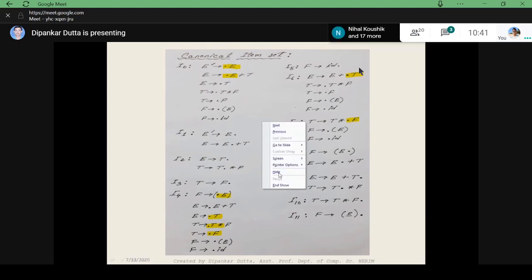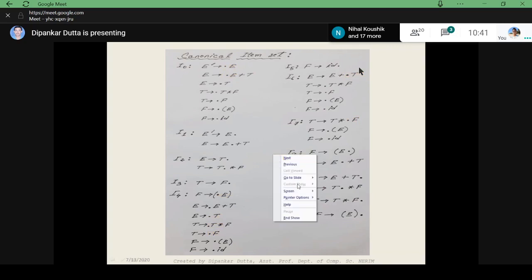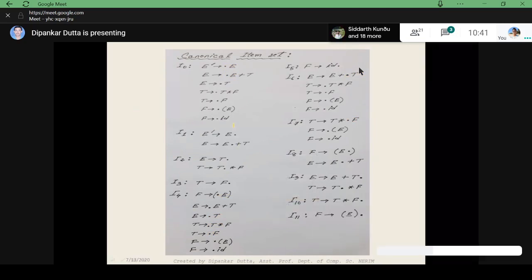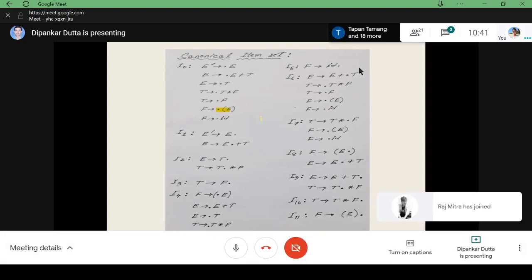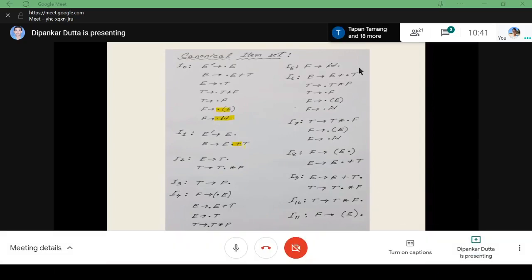Similarly, some productions are there where the dot is followed by terminals. For example, here the dot is followed by left parenthesis, which is a terminal, dot followed by ID, dot followed by plus, dot followed by star, then dot followed by left parenthesis, dot followed by ID.